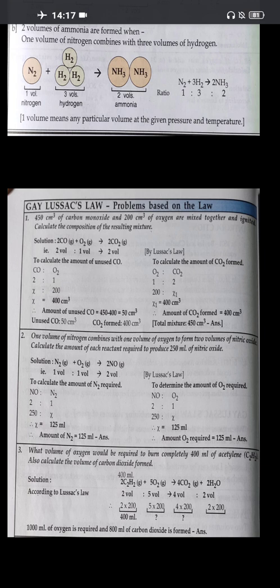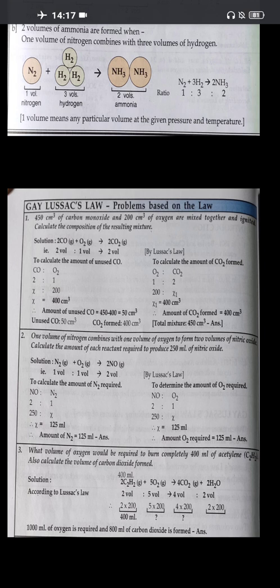Now you have calculated the volume of carbon monoxide that is consumed and not the volume of the unused carbon monoxide. Therefore, the amount of unused, that means excess, carbon monoxide gas is equal to, initially you were given 450 centimeter cube and you are using only 400, that means 450 minus 400 equals 50 centimeter cube. So this is the volume of unused carbon monoxide.